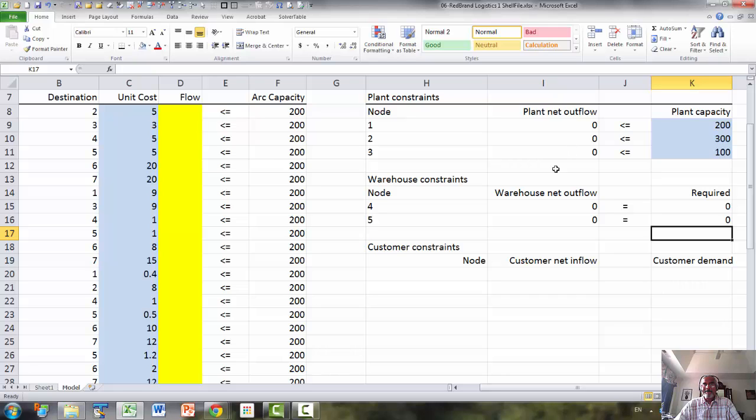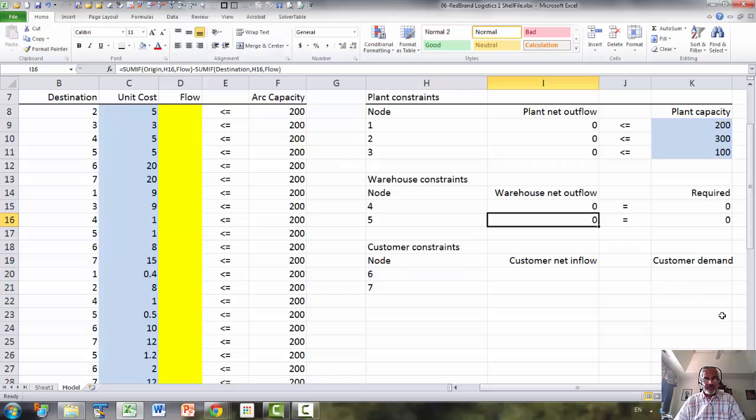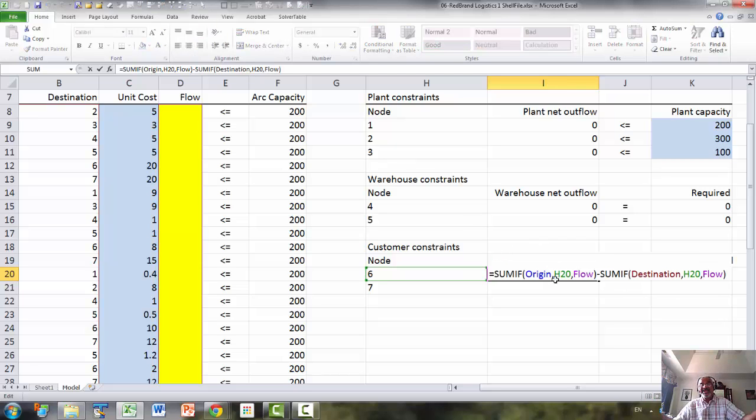Now for the destination constraint, the destination nodes, which are 6 and 7, again we can copy the same from here, except that in this case, what we want is the net inflow: what is coming in minus what is going out. So the plus and the minus should be changed. This should become a plus, what is coming in, and what is going out should be negative.